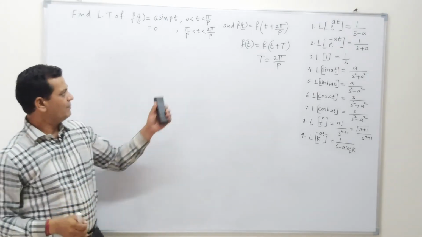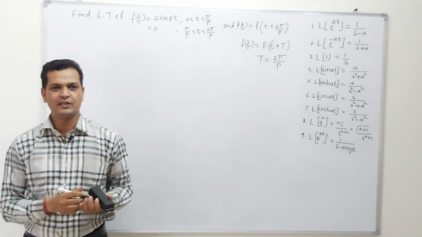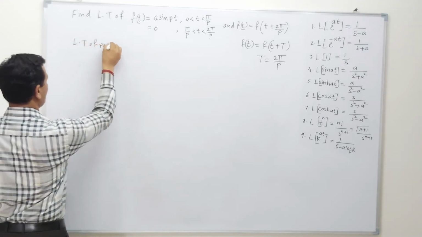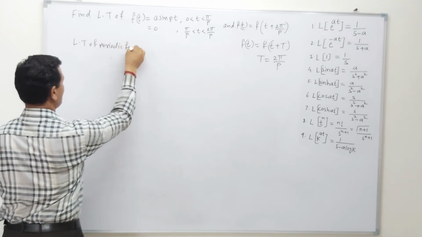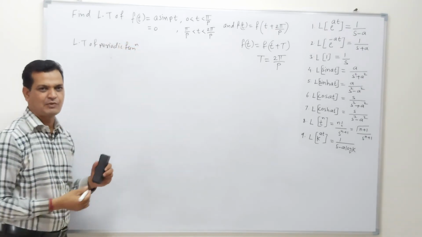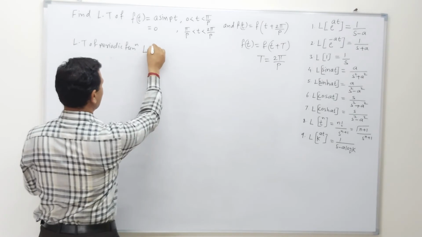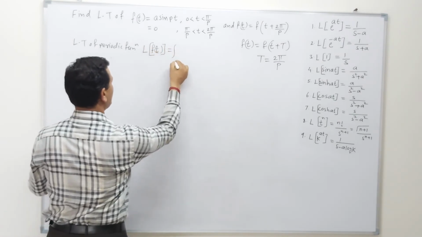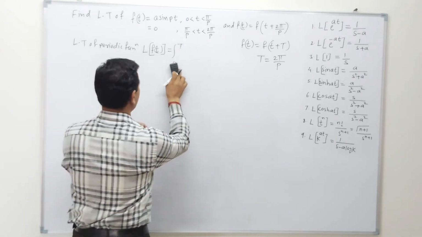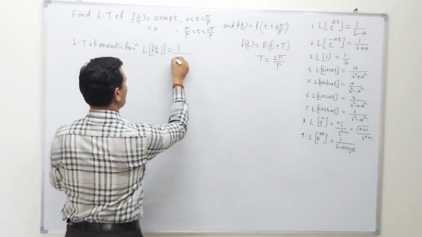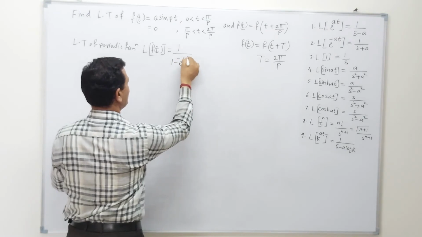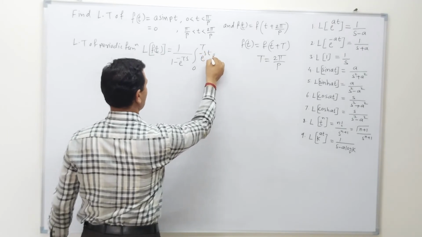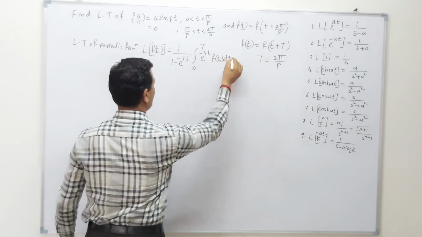Now because of this part we apply the concept called Laplace transformation of a periodic function. So if we apply that concept, then we write the Laplace transformation of f of t is equal to 1 upon 1 minus e raised to minus Ts, then integration 0 to T of e raised to minus st, f of t dt.